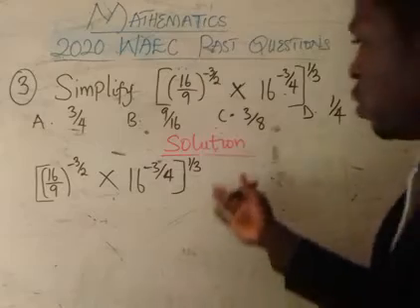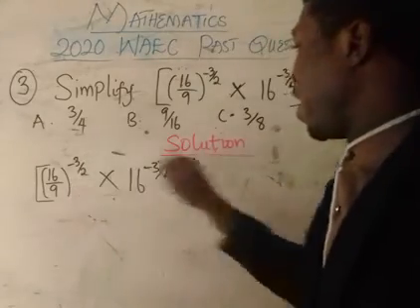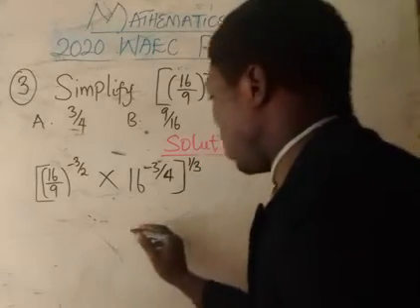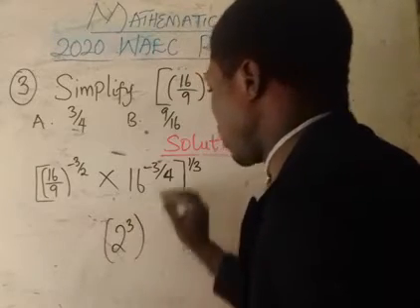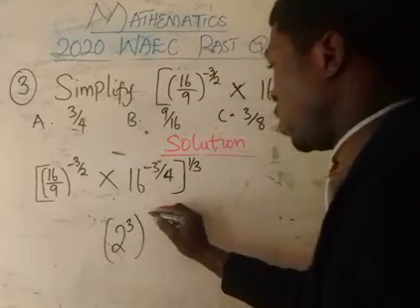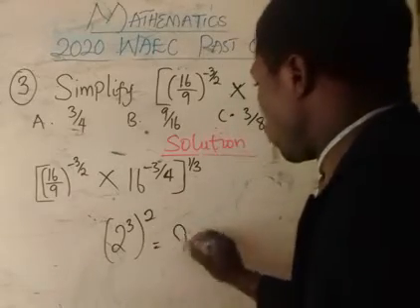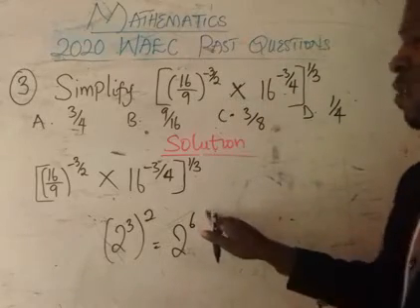So the first thing, we're going to apply the power rule. We multiply the power here by what we have here. Anytime, any day we have something like 2 raised to the power of 3, everything raised to the power of 2, for instance, it is the same thing as 2 raised to the power of 3 times 2, which will give us 2 raised to the power of 6.